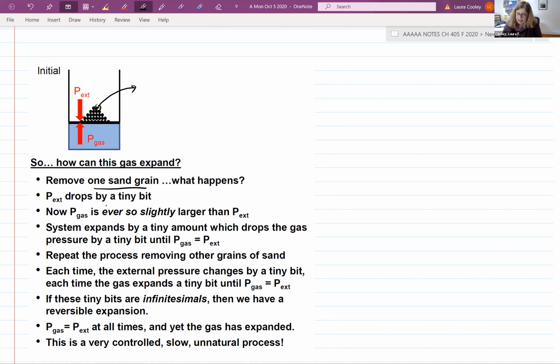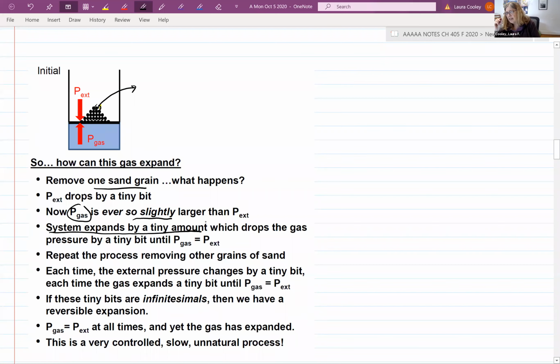That's why I say to think sand, because each grain of sand itself exerts such a tiny pressure. So you remove a grain of sand, the external pressure drops by that pressure. Now there's an ever so slight difference between the external and the internal pressure, an infinitesimal difference. So now P gas is just slightly larger than P external, and so you get a small expansion. The system expands by a tiny bit.